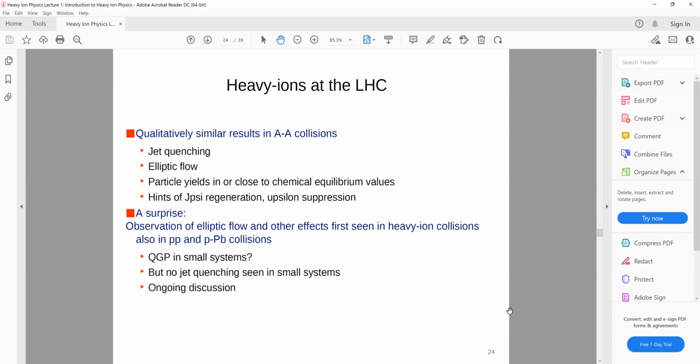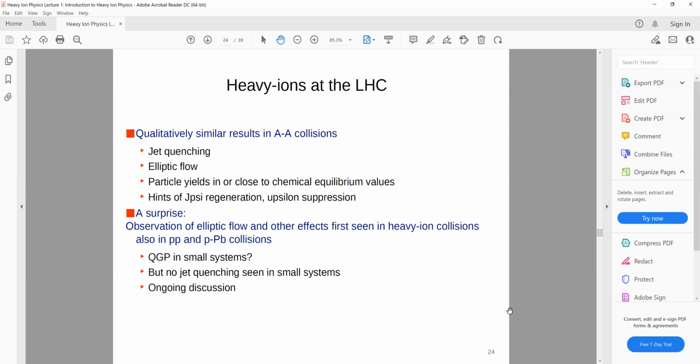PP collisions are considered equivalent to vacuum, and P-lead collisions are considered equivalent to the presence of a cold nuclear medium. So you know how an observable behaves in vacuum and how it behaves in a cold nuclear medium. Then what will happen?